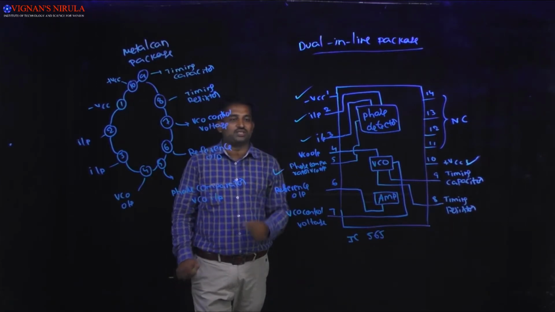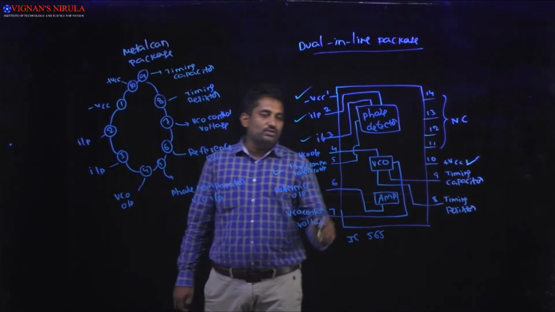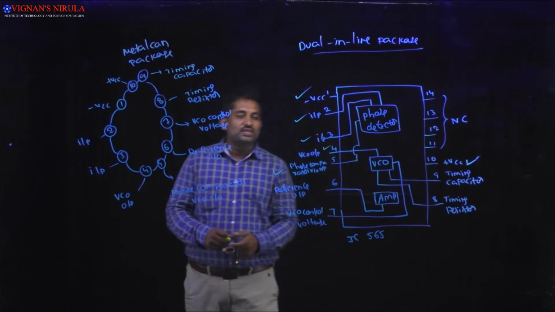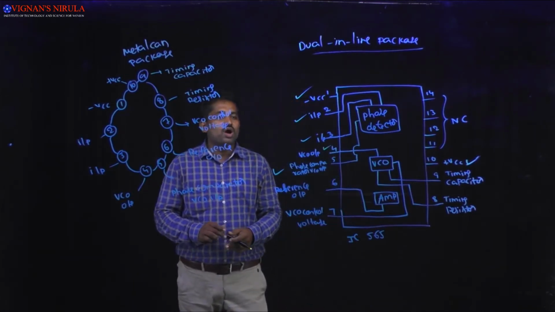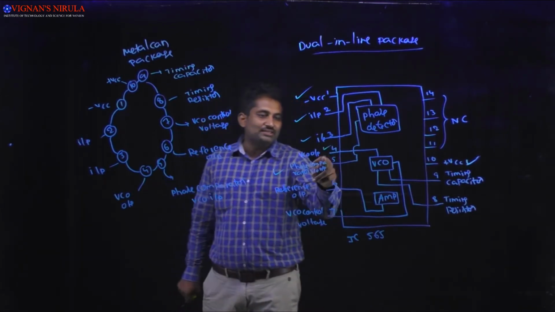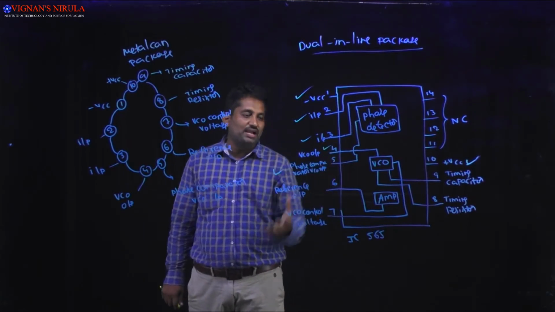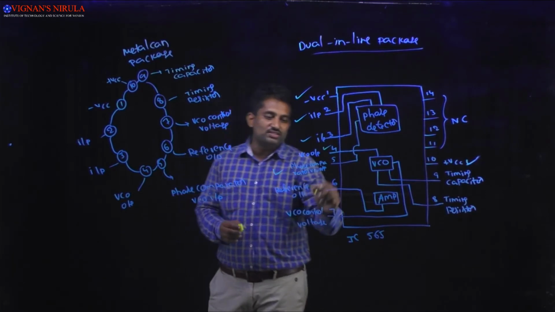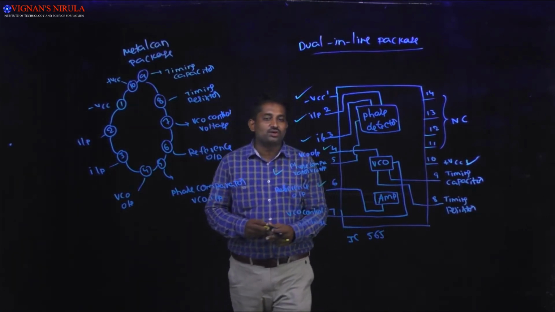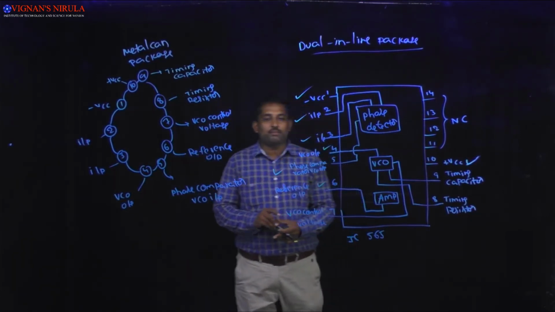And next, coming to the fourth pin, it is nothing but VCO output, which will be connected to the fifth pin whenever you want to use it as a PLL. Next, the sixth one is nothing but the reference output for the op amp amplifier.